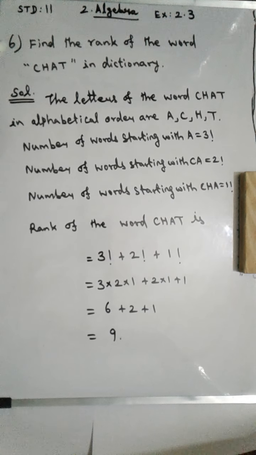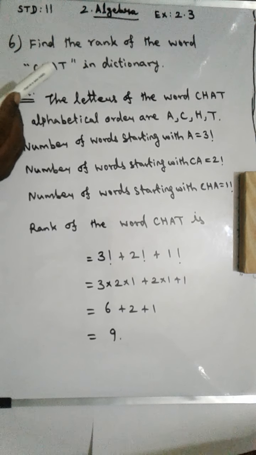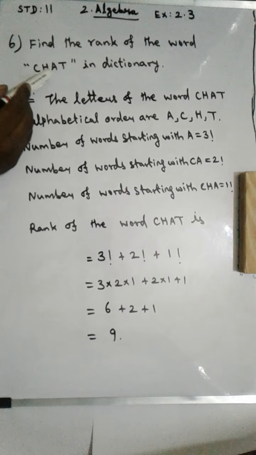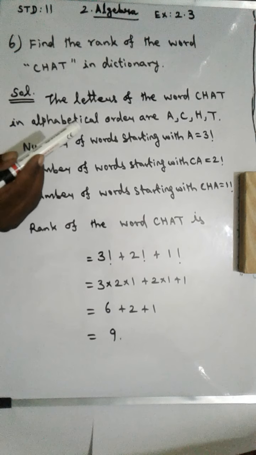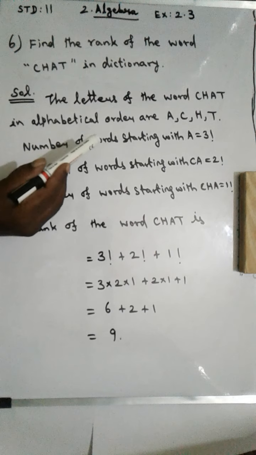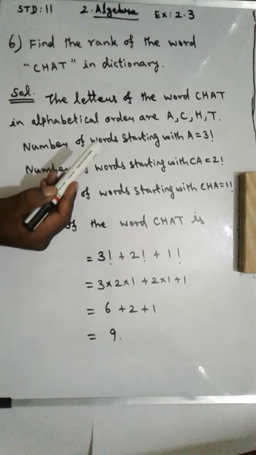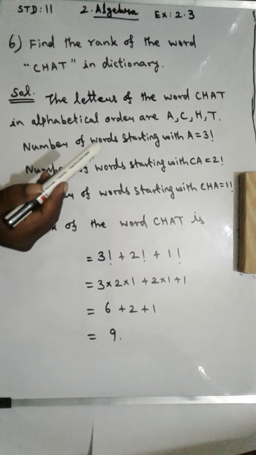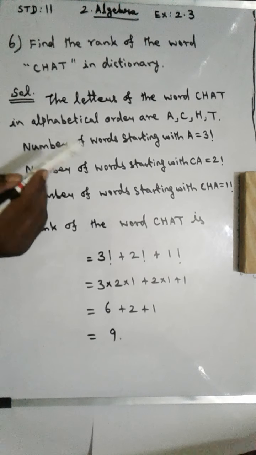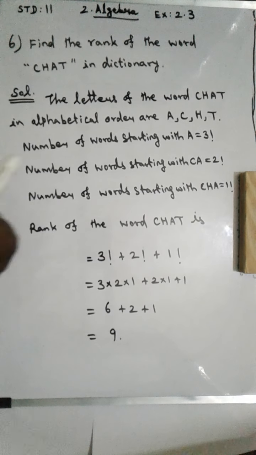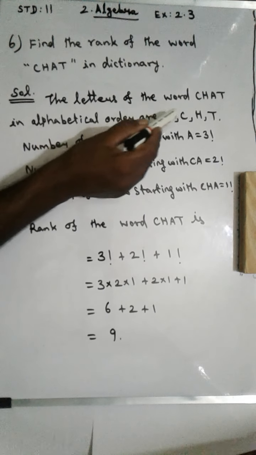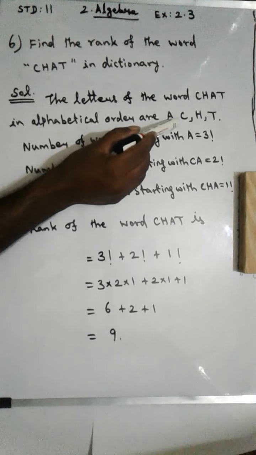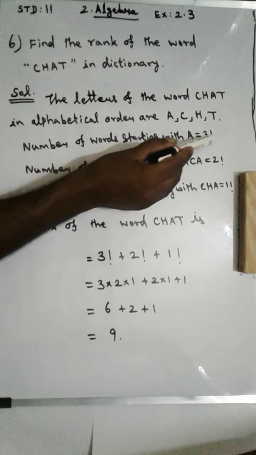Sixth sum. Find the rank of the word CHAT in the dictionary. How to find this? The letters of the word CHAT in alphabetical order are A, C, H, T. Number of words starting with A: 3 letters remain, so 3 factorial.